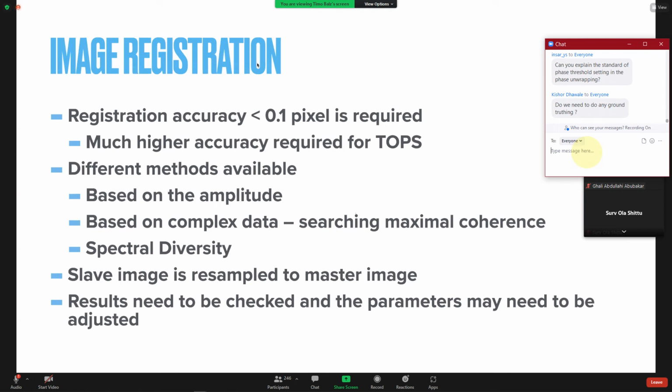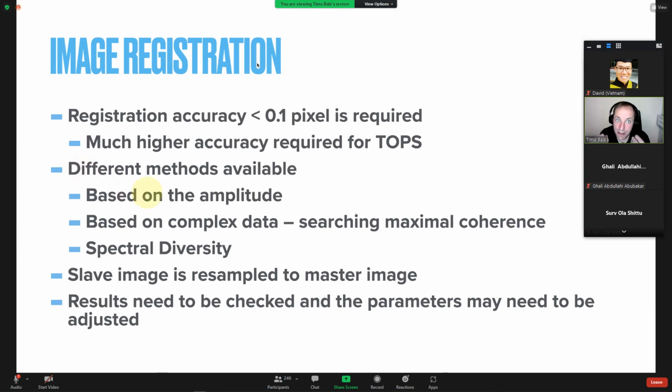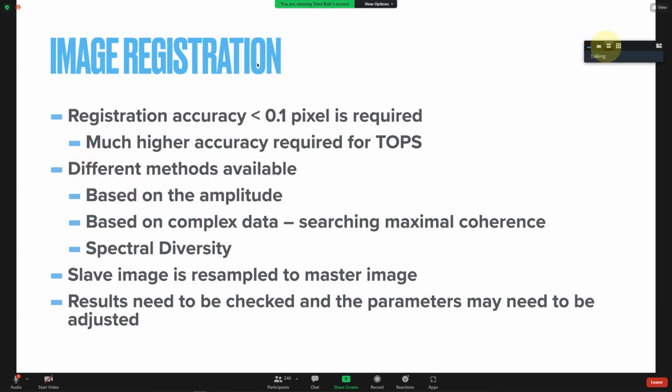So if you look at one pixel, it's the same in both images after resampling. Because after we have done that correctly, then we can just subtract the phase from one pixel from the other pixel. But we need to make sure that we subtract the same object on the ground, the same scatterers.